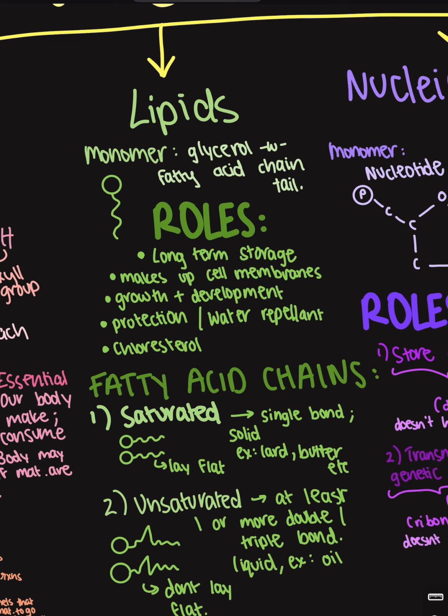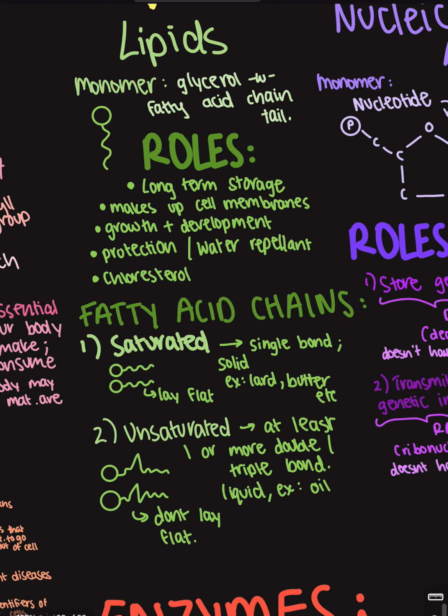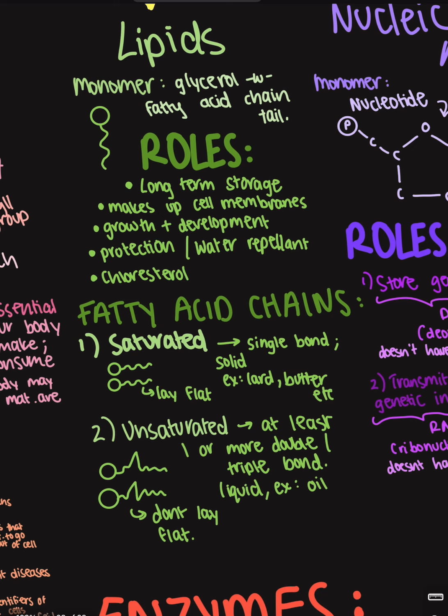This is because lipids are also seen as waxes, okay? Some animals will form waxes on their feathers to prevent water from entering their feathers and weighing them down. And the 4th type is cholesterol, which is also a type of lipid.